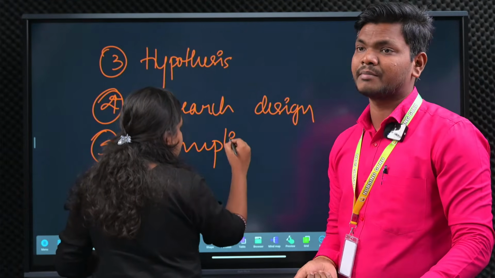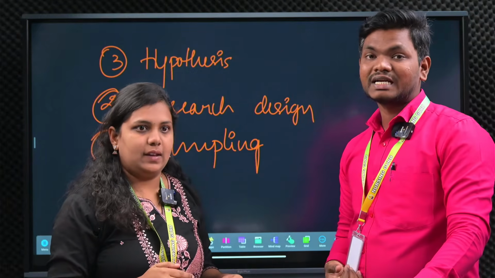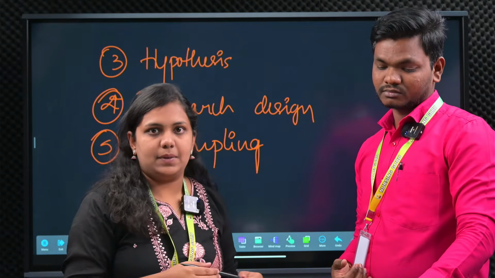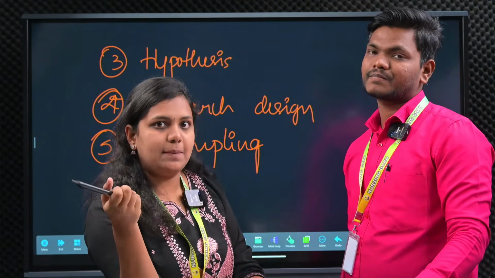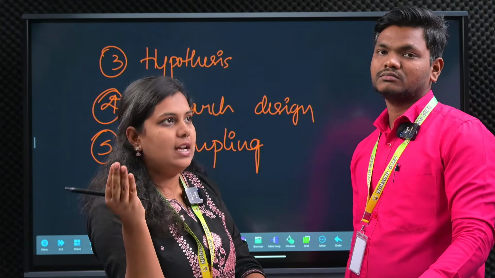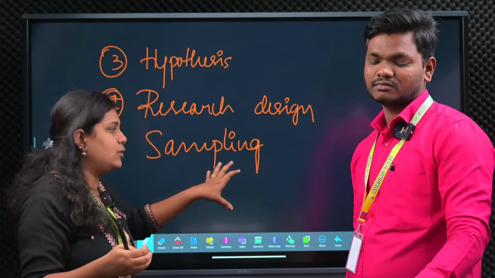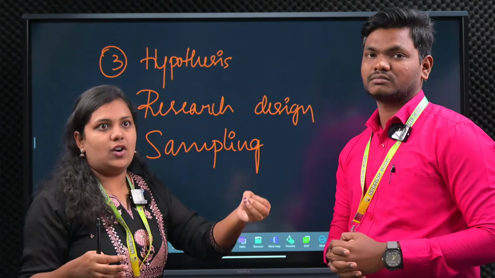What will be the sample size, who will be the sample, and what method we will use to collect the sample, which we call the sampling technique. You should know who the samples are, what the sampling technique is, and what sampling is. The process of selecting the samples is known as sampling. The samples are the subjects of our study.